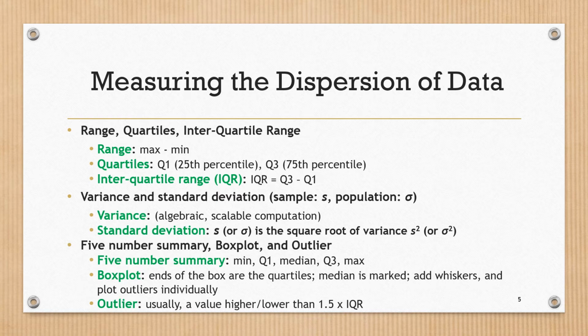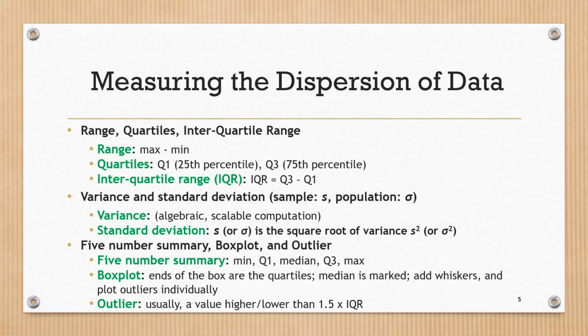The commonly used quartile measures are Q1 and Q3, which are obtained by dividing the sorted dataset into 4 equally sized consecutive sets.